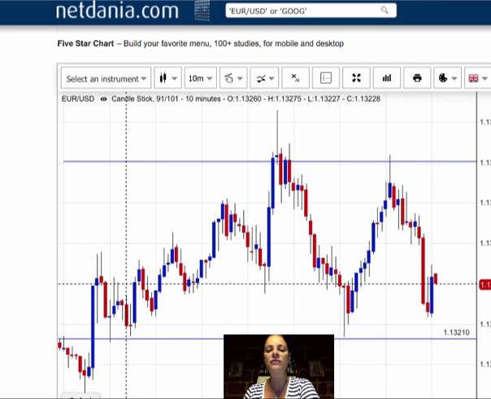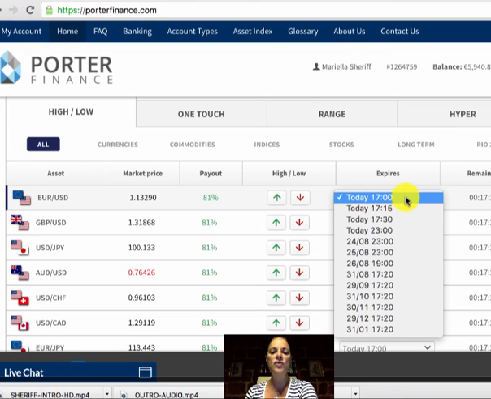So I will take several other trades on a longer time frame, which will help us gain sufficient money on this support and resistance level. So back to my platform.